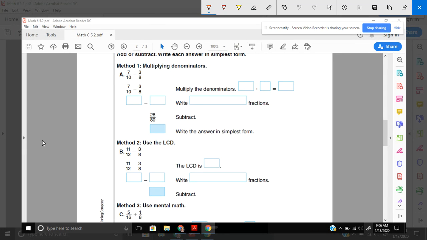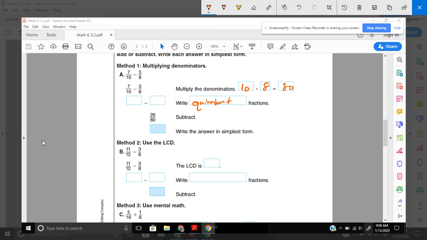It just wants us to multiply our denominators. Okay, so the denominators would be 10 and 8, which would give me 80. Okay, and then I would write 7/10 as 80ths and 3/8 as 80ths. Okay, so write equivalent fractions.